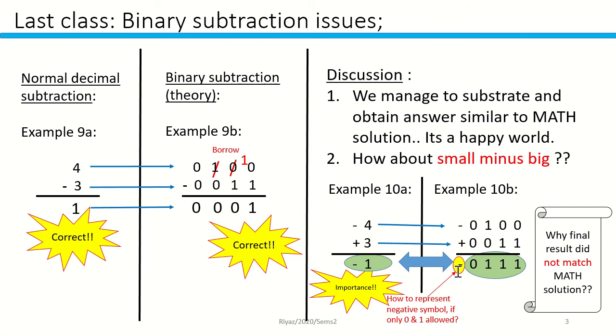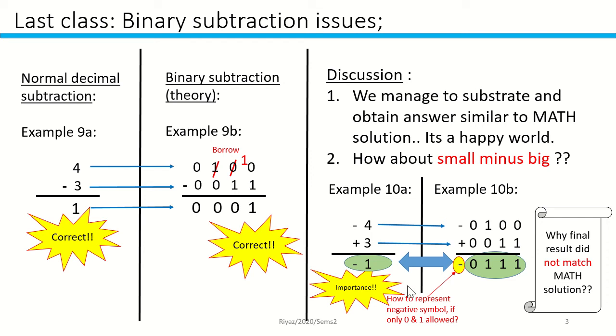To represent this negative symbol is not possible, because in digital only 0 and 1 exist. Also it does not match the math solution. So this is the issue over here. How are we going to solve this?